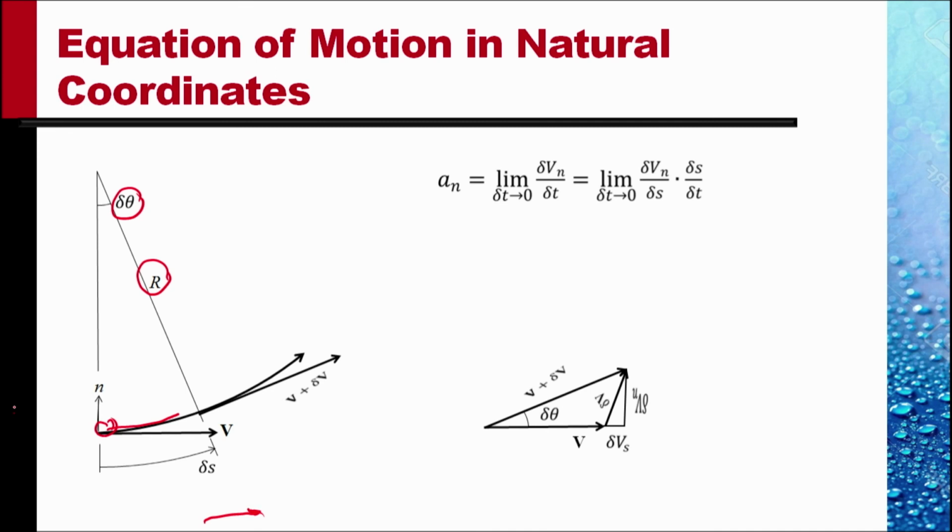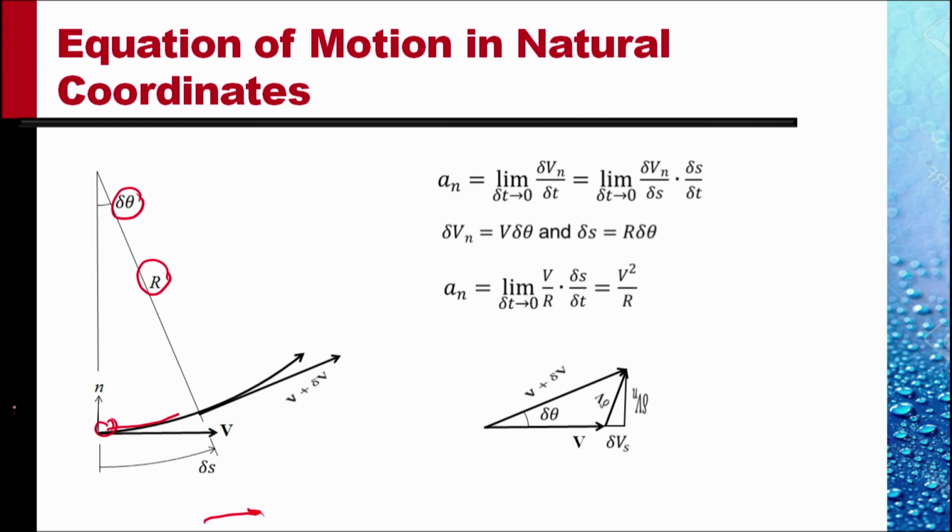Acceleration in the normal direction is the limit as delta t tends to 0 of delta Vn by delta t, which is the limit of delta Vn by delta s into delta s by delta t. And with delta Vn equal to V delta theta and delta s equal to r delta theta, we get normal acceleration as V square by r.